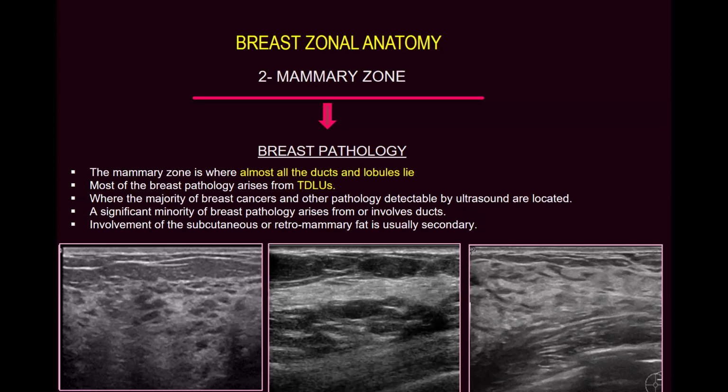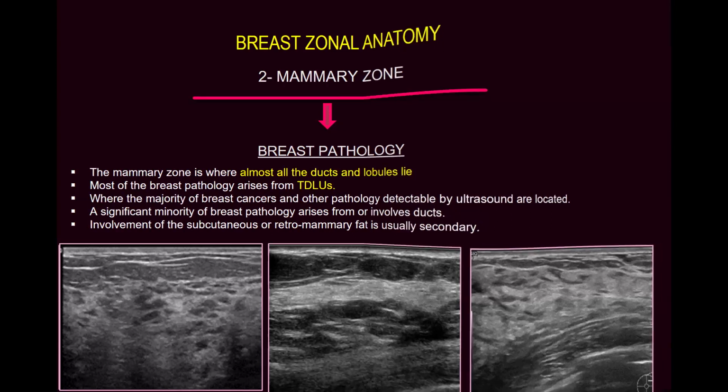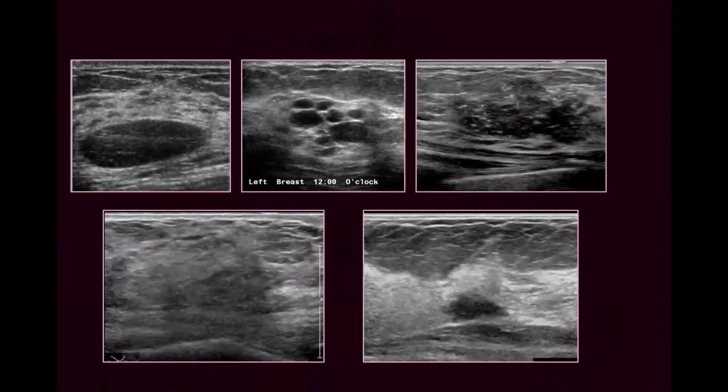And most of the subcutaneous or pre-mammary and retro-mammary involvement is secondary to extension from the mammary zone. But there are a few exceptions, where there are ectopic TDLUs in pre-mammary zones and rarely in retromammary zones that can result in glandular lesions in these locations.